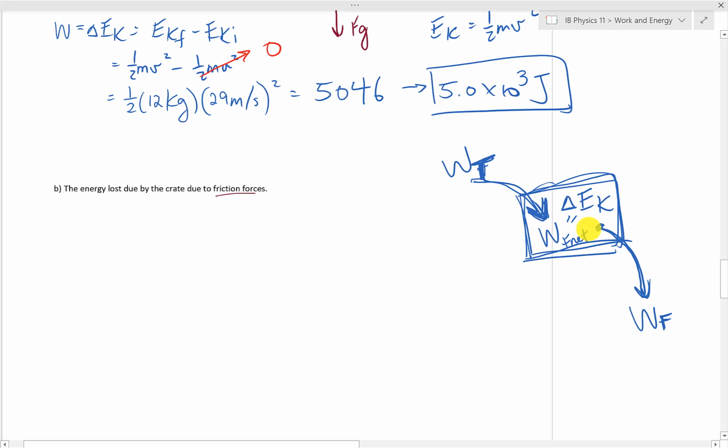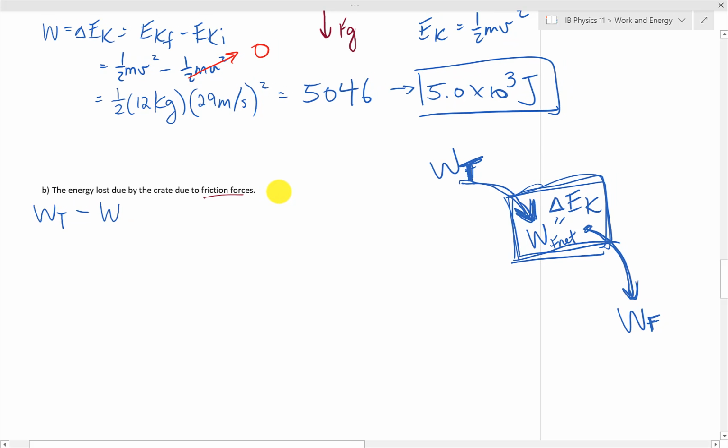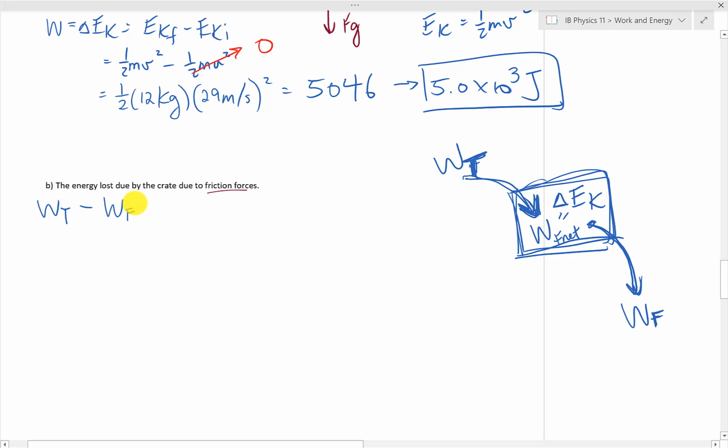And this change in kinetic energy is exactly the same as the work done on my object due to the net force. So if I use this diagram to give an idea of how I can frame this, I know that if I take the work done by my tension force, subtracted by the work done by friction forces, which is pretty much equivalent to my system losing this amount of energy, because they're both measured in joules, and we know that work is equivalent to change in energy, this is going to give me whatever energy is left in my system to cause it to accelerate, or the change in kinetic energy.